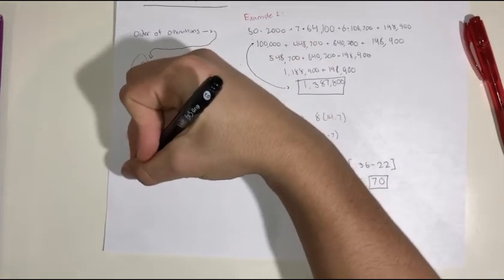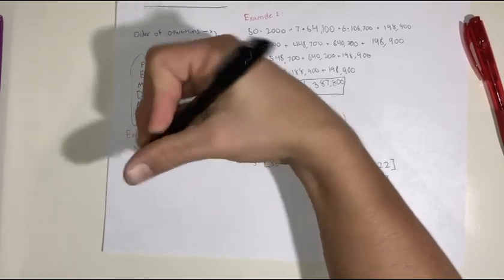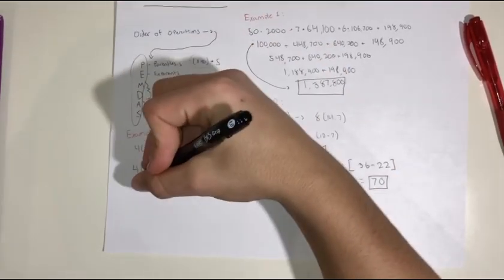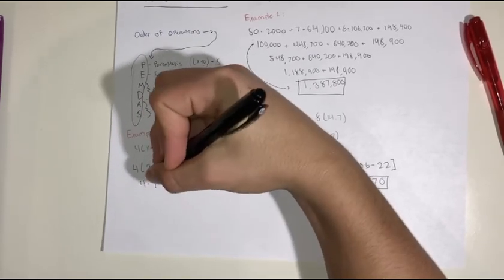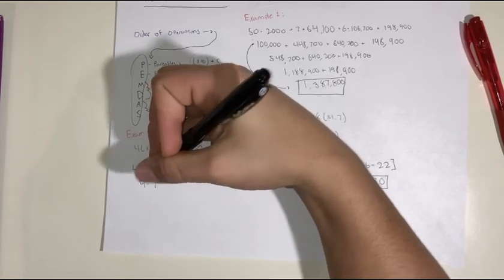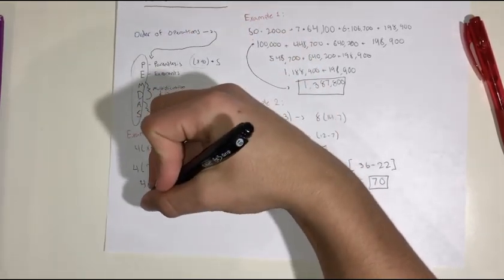So this would be 4 times 2 plus 5. We would do first parentheses, so 4 times 7. 7 is what was inside the parentheses, and then you do the multiplication, which would be 28.